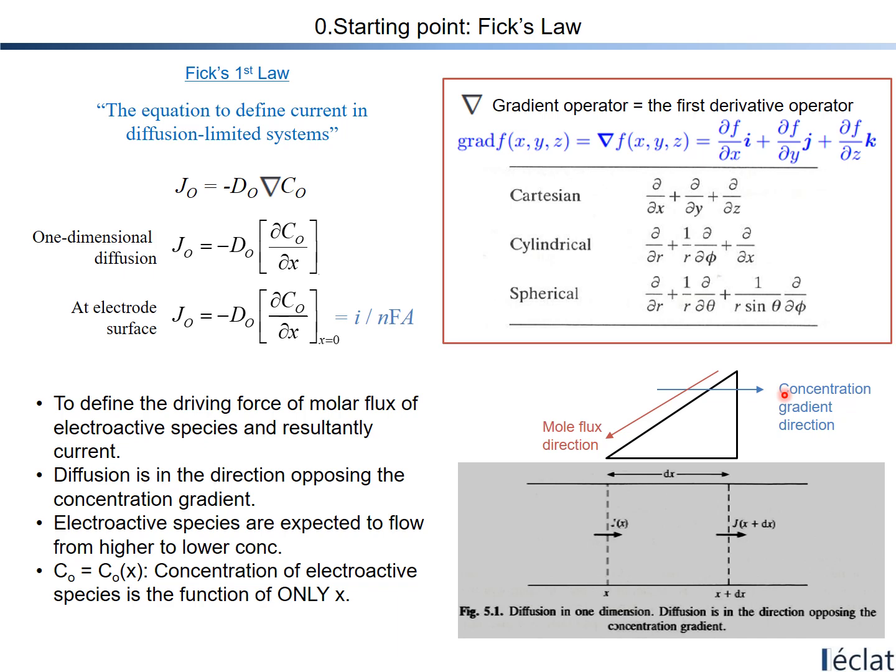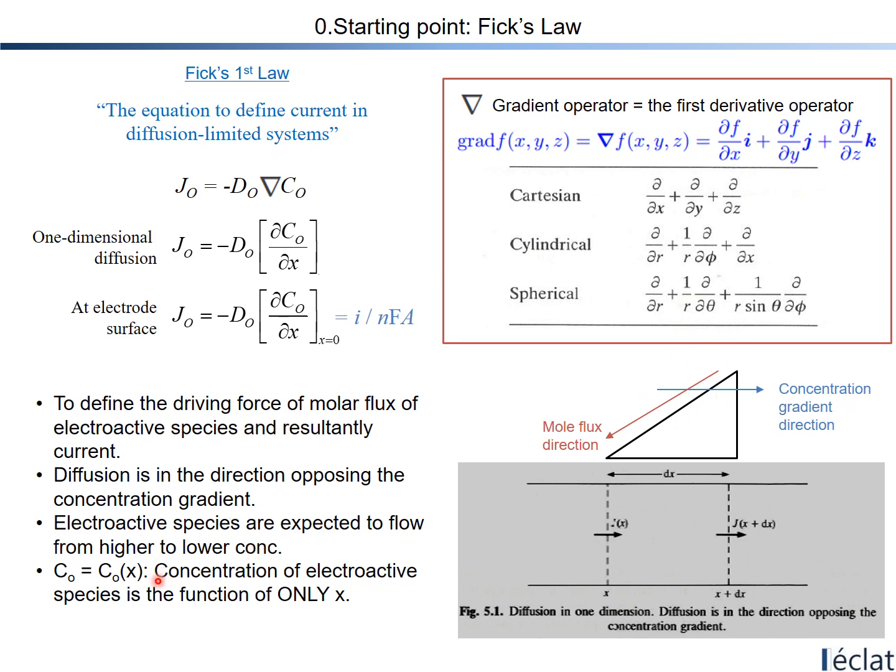Those are the second and third points. Let me read them. Diffusion is in the direction opposing the concentration gradient, as I said from this picture. The third point is that electroactive species are expected to flow from higher to lower concentration. I have said that.